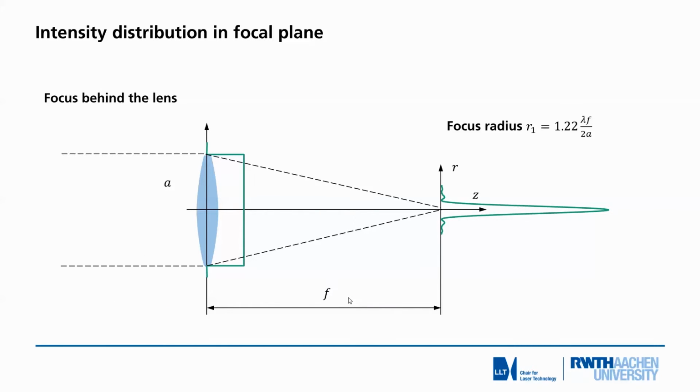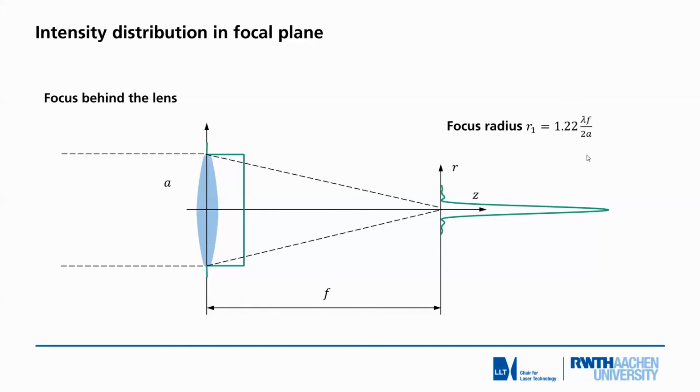Again, the example of focusing a rectangular beam distribution with a lens to a focus, we observe the very same interference pattern as we observe it in the limit of infinite distance from a diffracting surface. That is this Bessel function, this Airy disk, which we can see also directly in the focus. So in the focus of a lens we have the conditions exactly the same as in the limit of infinite distances of a diffraction aperture.